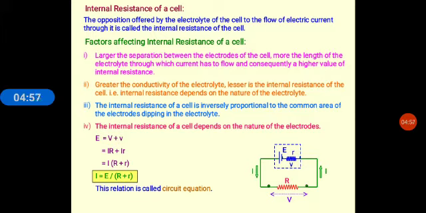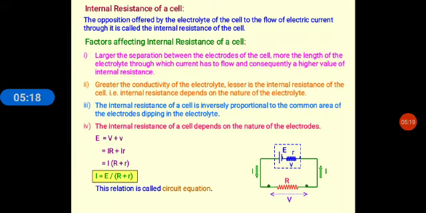In this case, E is the EMF of the cell, which is equal to the potential difference across the external resistance and the potential difference across the internal resistance. The potential difference is given as the product of current and resistance.